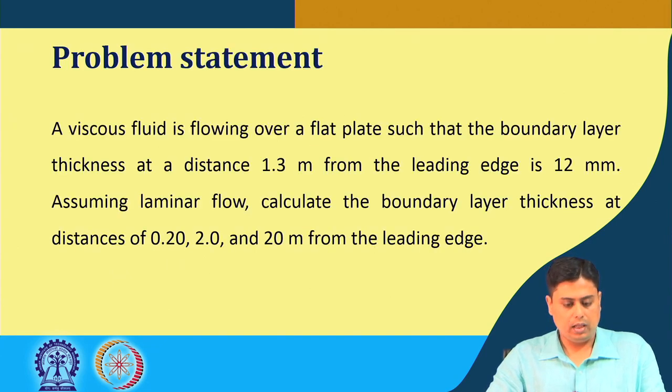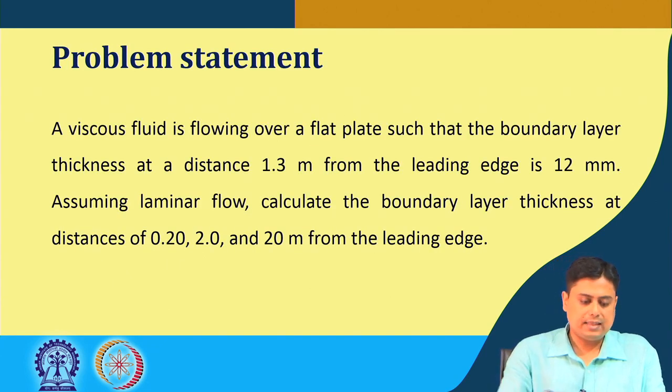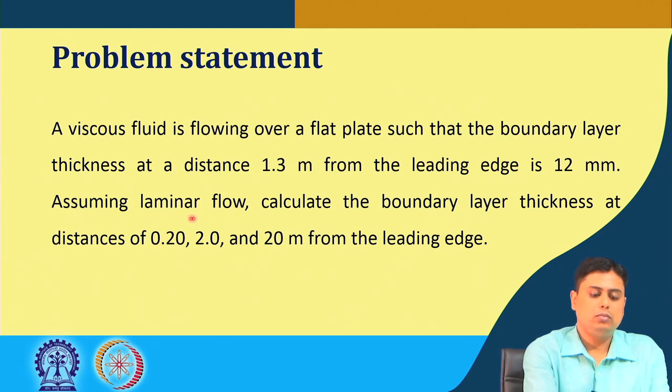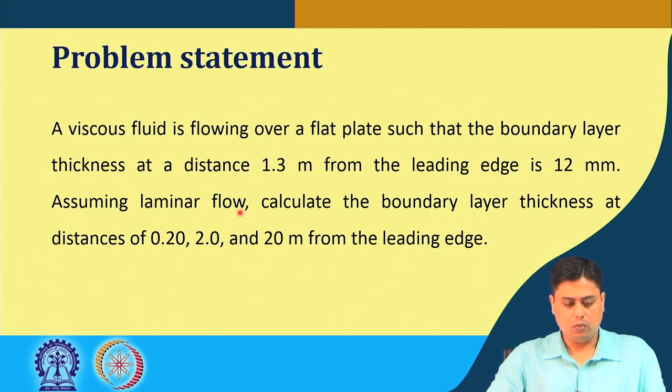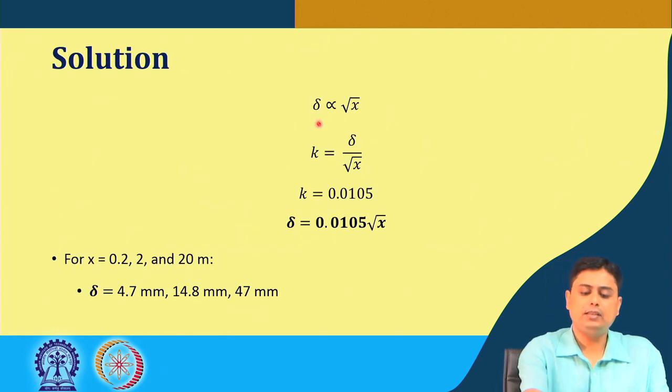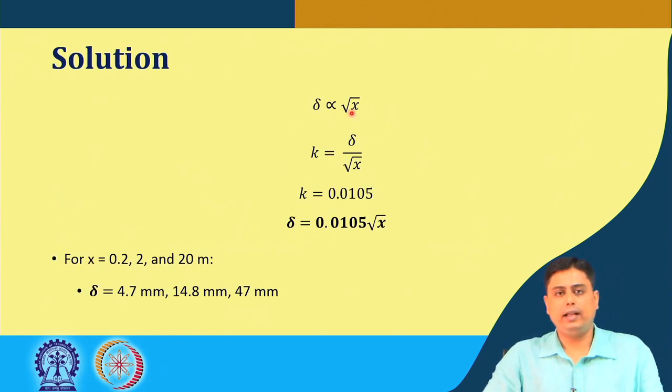Again, the assumption here is laminar flow. For such a flow condition, delta, the boundary layer thickness, varies proportionately with the square root of x, where x is the distance from the leading edge of the flat plate.